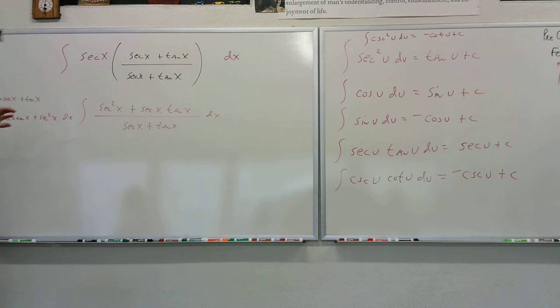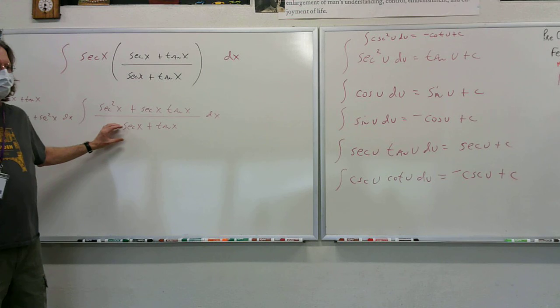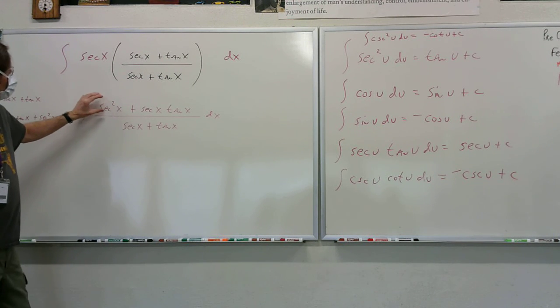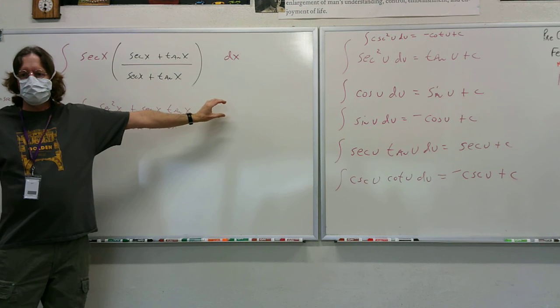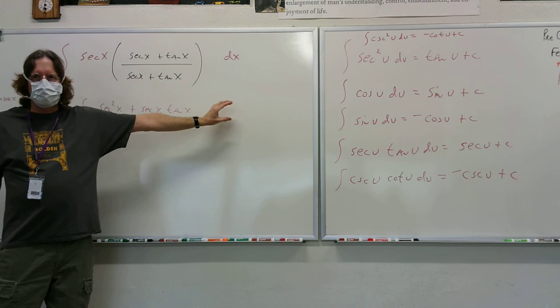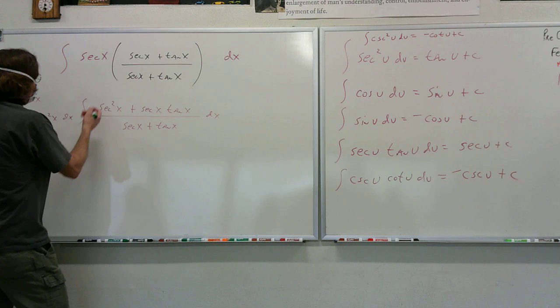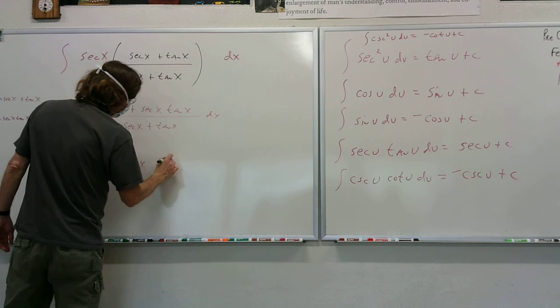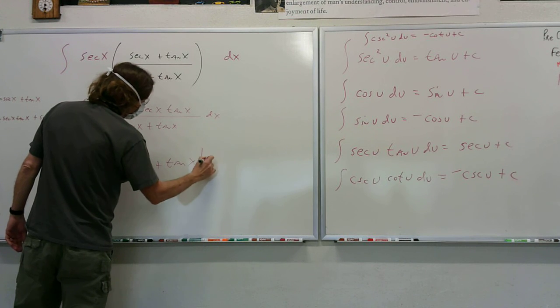What happens is, there is your u with a power of 1 above it, and all of that is your what? du. Everybody got it? So this turns out to be natural log of secant x plus tangent x.